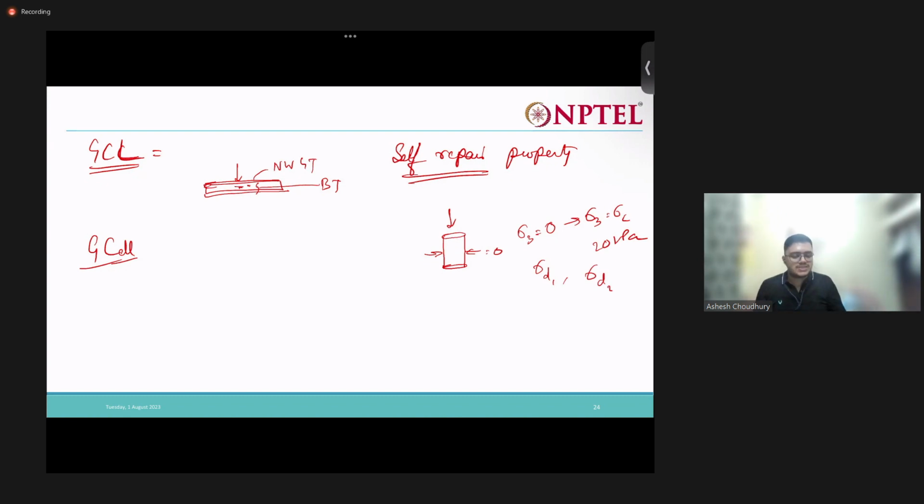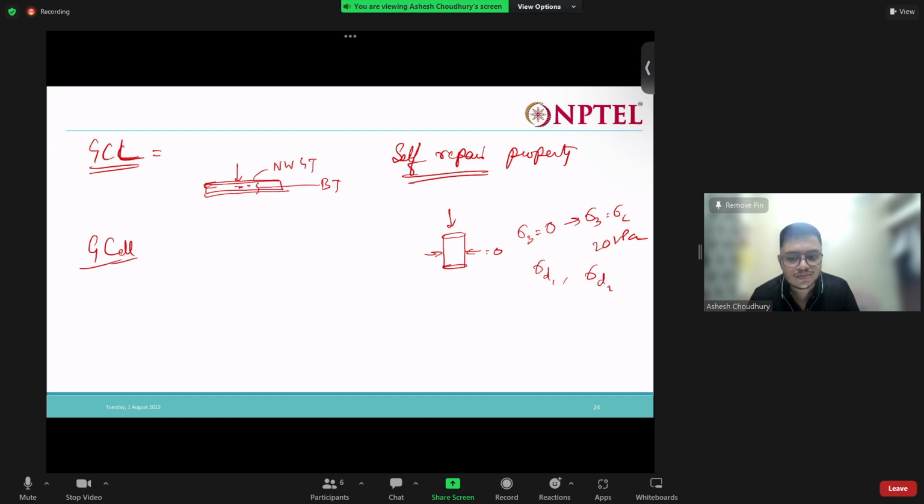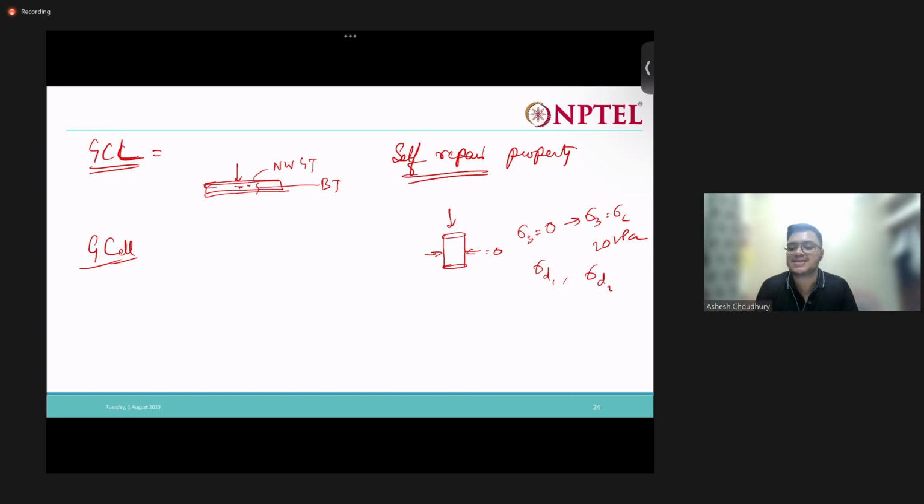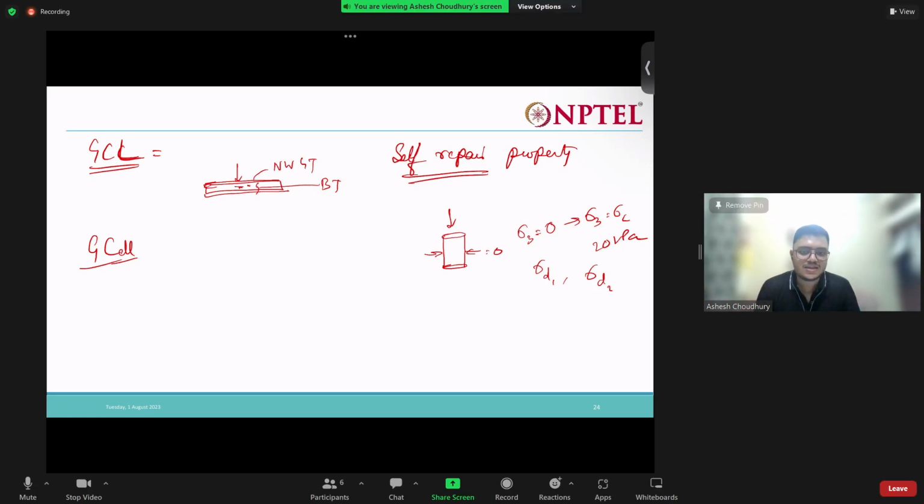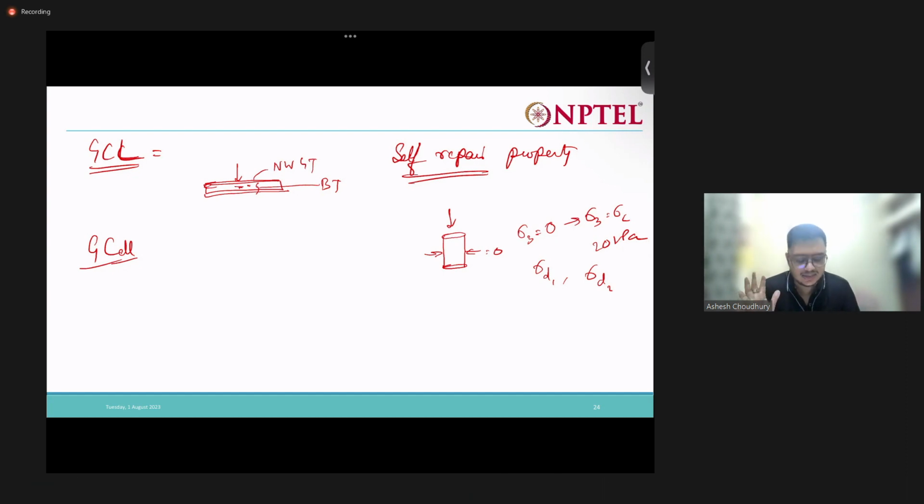Which is greater, sigma d1 or sigma d2? From common sense. In the first case, there is no confinement. You are doing a triaxial test, but it will not be a triaxial test, it's just a UCS test, right? So the confining pressure is 0, and it fails at this sigma d1 deviating stress.